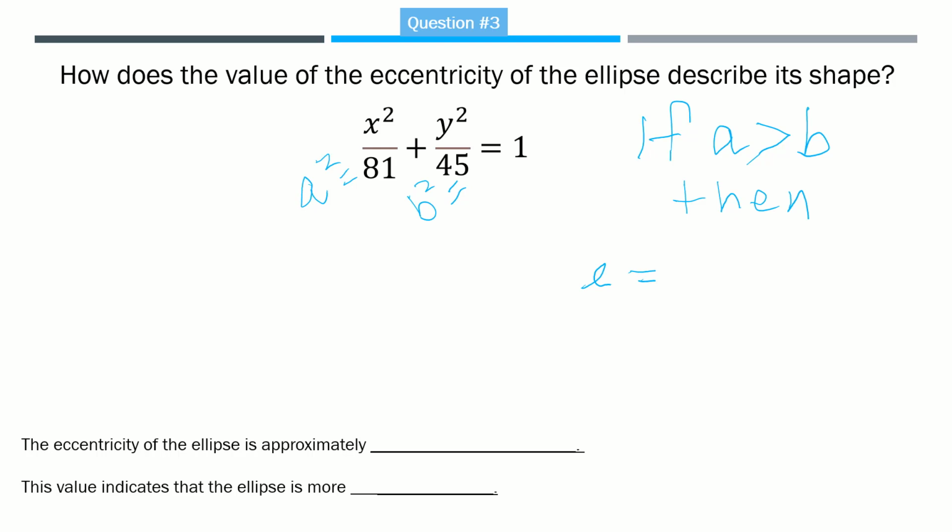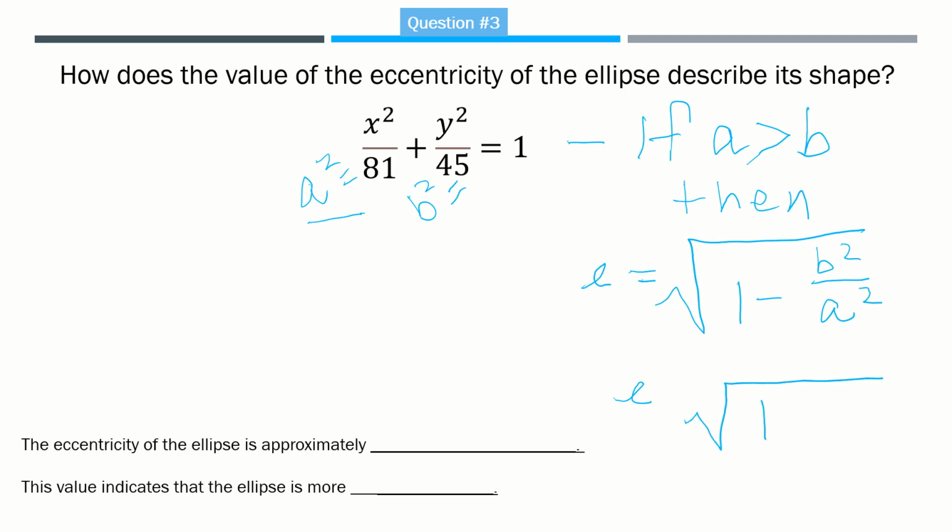E is equal to the square root of 1 minus b squared over a squared. All right, and we do have this condition: a is greater than b. So we'll go ahead and calculate the eccentricity in our example.